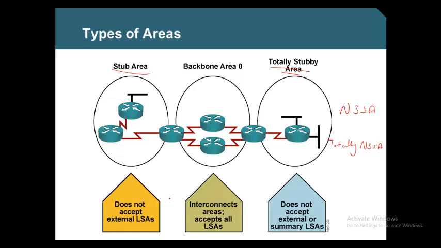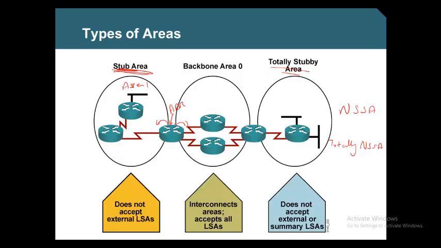For example, let's say this is area 1. When I configure this area's routers as a stub area, this router, which is a member of both area 0 and area 1, we call it an ABR.